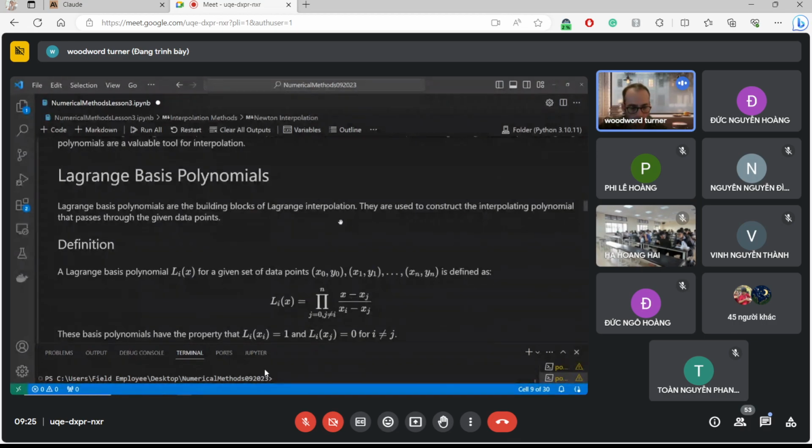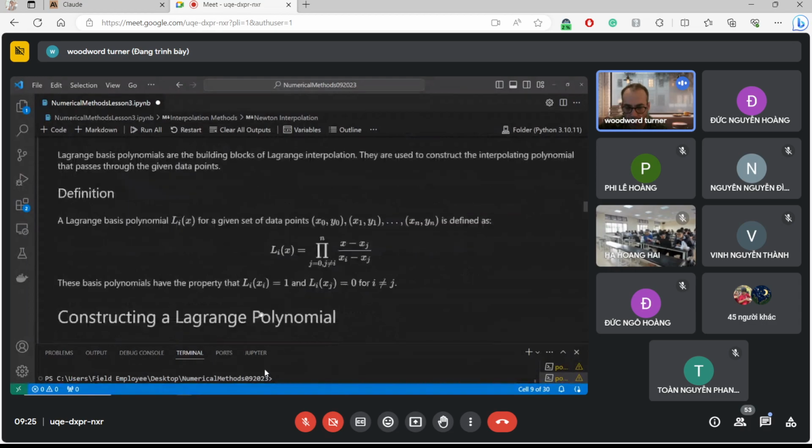And they're pretty cool. They have this property: for the ith one, if I plug in xi, what happens? If that's the input for this function, then I get xi minus xj in the numerator, and in the denominator I get xi minus xj. So that's something over itself, that's 1, and 1 times itself is 1.